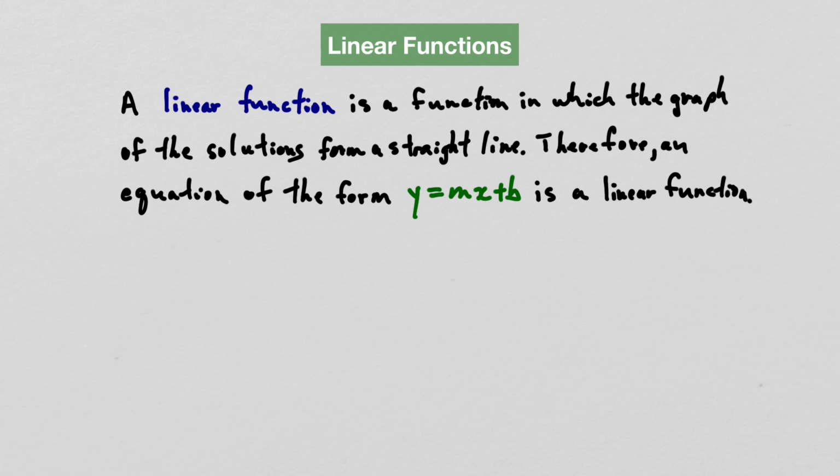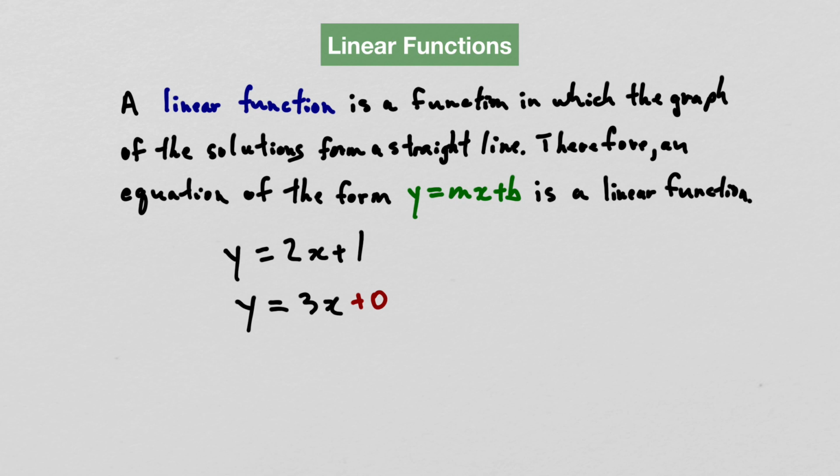So, for example, this is a linear function: y equals 2x plus 1. That's in the form of y equals mx plus b. y equals 3x is also a linear function because what's missing here is plus 0.